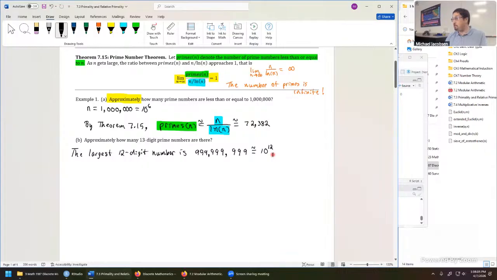So let's start here. Let's find out how many prime numbers are at 12 digits. We can say primes, let's give this a label.